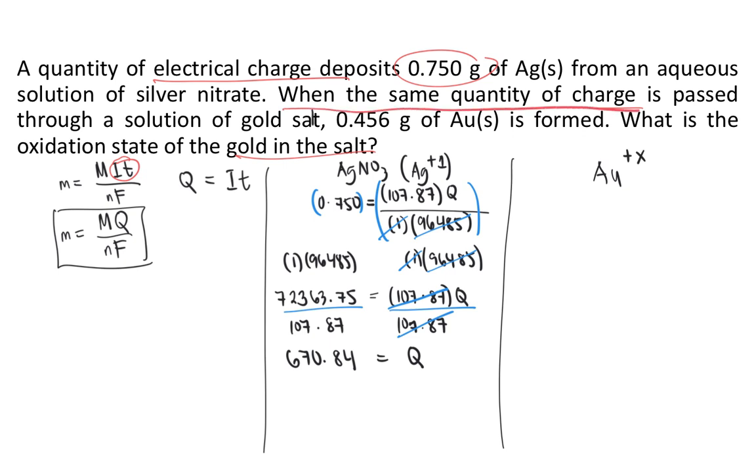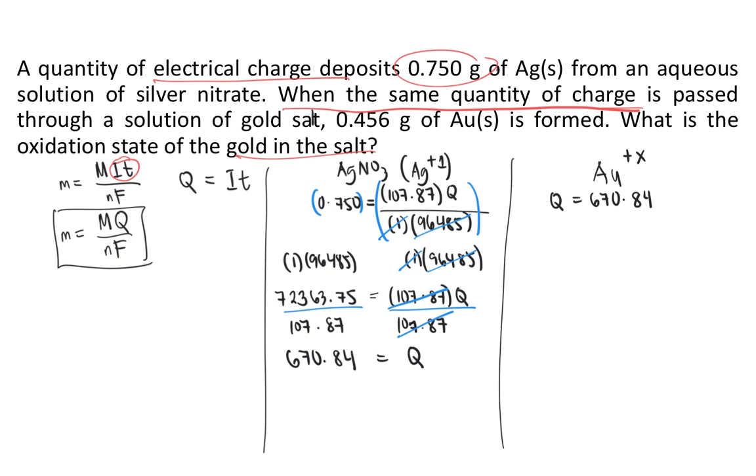Now, if you look at the second sentence of the problem, it says, when the same quantity of charge is passed through a gold solution. That means the same value of Q is used for the gold solution. So in our second column, Q remains the same, 670.84. Now we will use the same formula, m = MQ/nF.